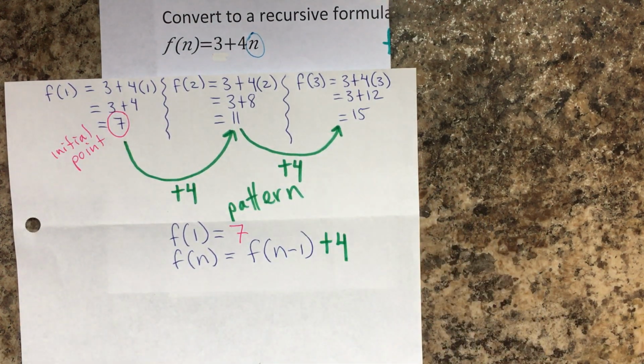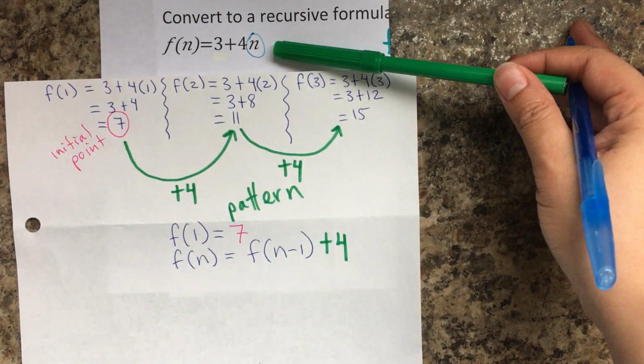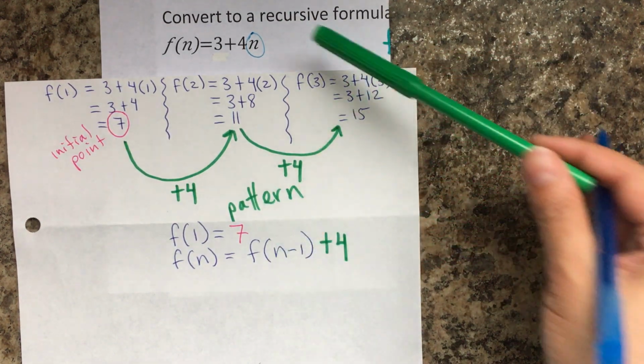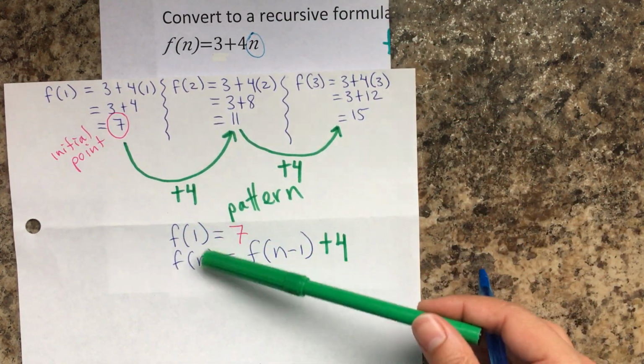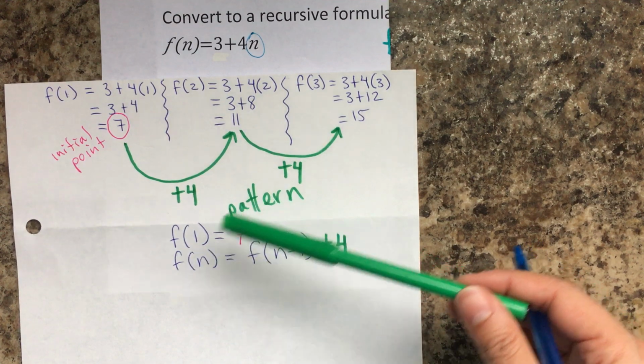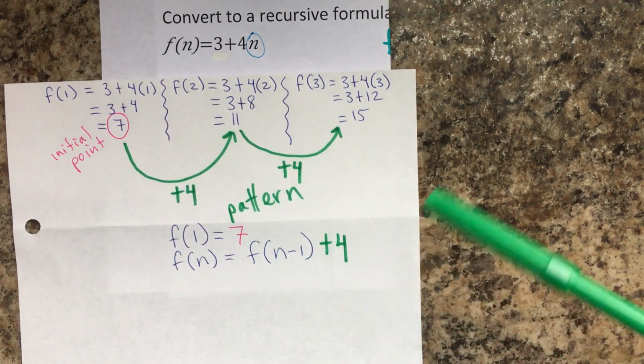Okay, so they gave me the explicit formula, but it's in simplified form, and I had to convert it to recursive formula. Recursive, remember, has two different parts. F of 1 with the initial point, f of n with the previous one, plus the pattern.